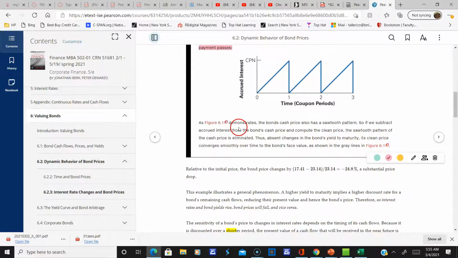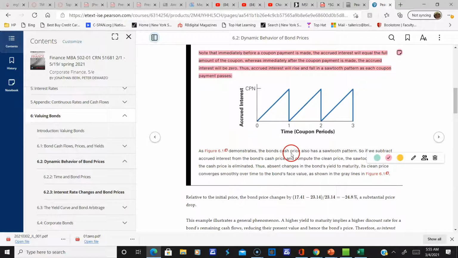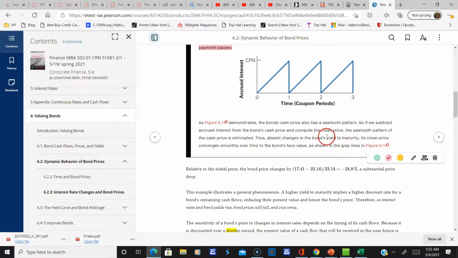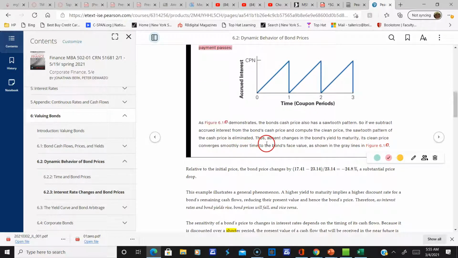So as figure 6.1 illustrated, the bond's cash price also has a sawtooth pattern. So if we subtract accrued interest from the bond's cash price and compute the clean price, the sawtooth pattern of the cash price is eliminated. Thus, absent changes in the bond's yield to maturity, its clean price converges smoothly over time to the bond's face value, as shown in the gray lines.